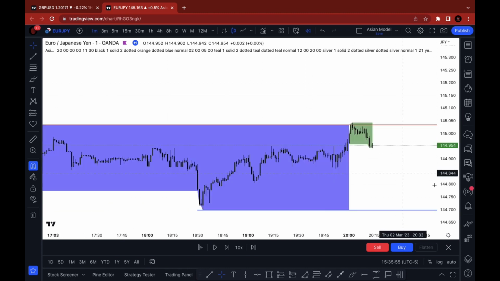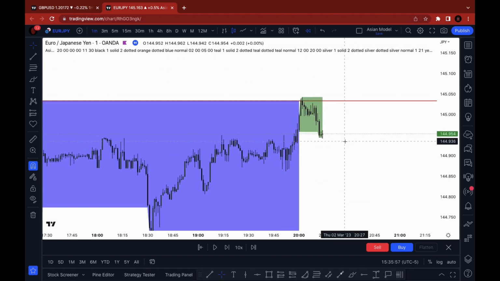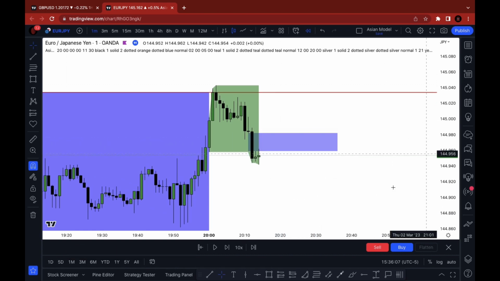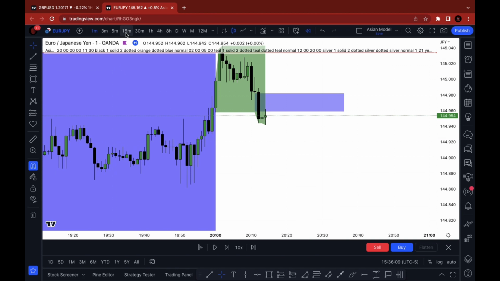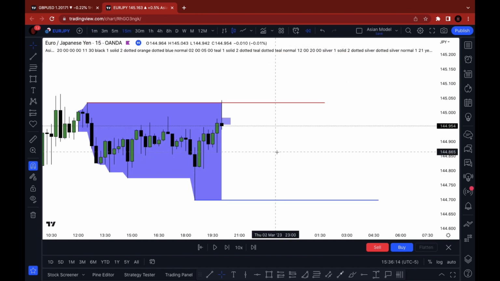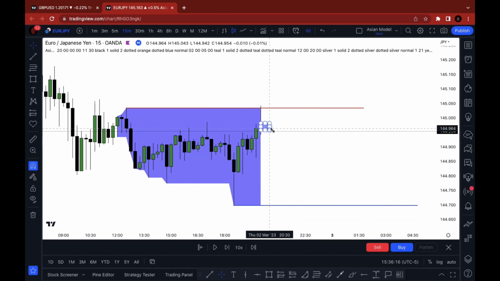I preferably like to scale down to the 1 minute time frame. And as you can see here, going into 8 p.m. after taking out the buy side, we have a fair value gap that forms here. The fingerprint right there. And as you can see, price trades right into it. Back on the 15-minute time frame, where's the most recent swing low if we were going to go short there?